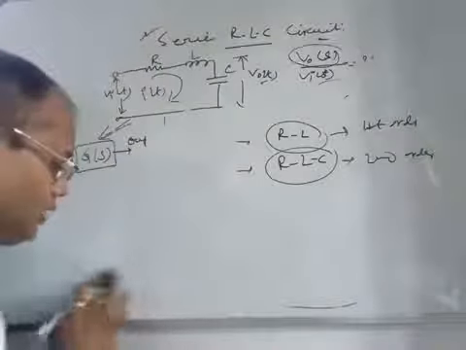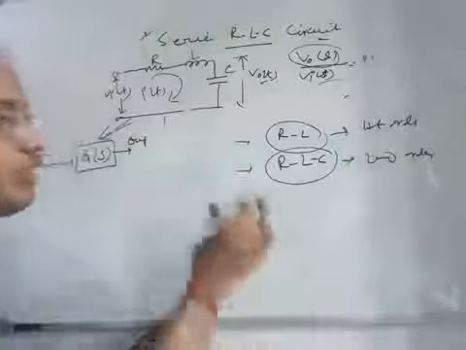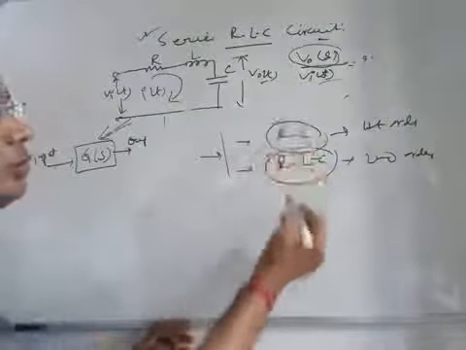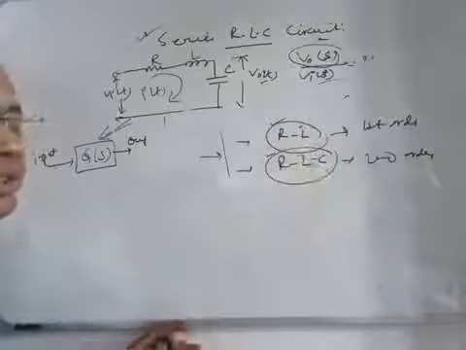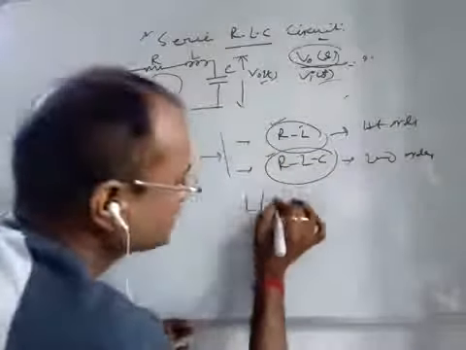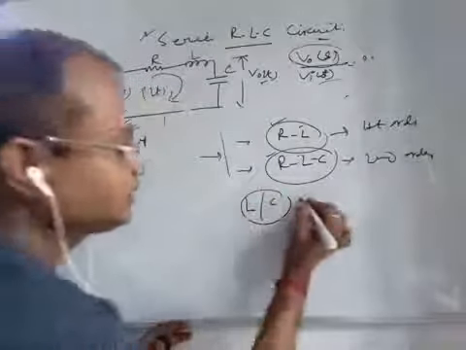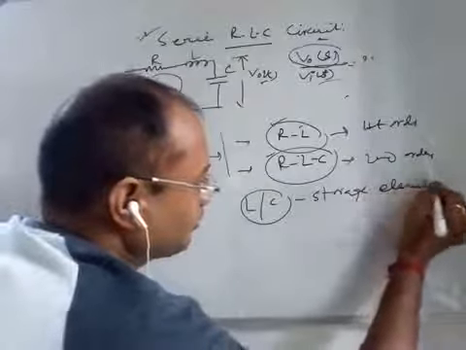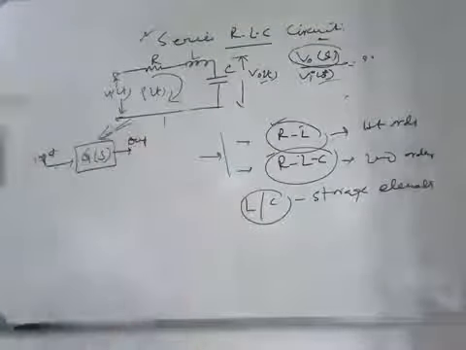And how is this difference arising? If you note these two structures, R is common to both, L is common to both, but C is not there in the RL circuit. We know L and C are known as the storage elements.